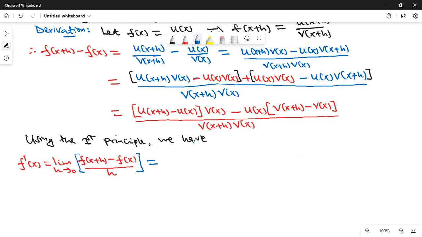And so we can substitute what we have. In the numerator, we replace with the whole of that.